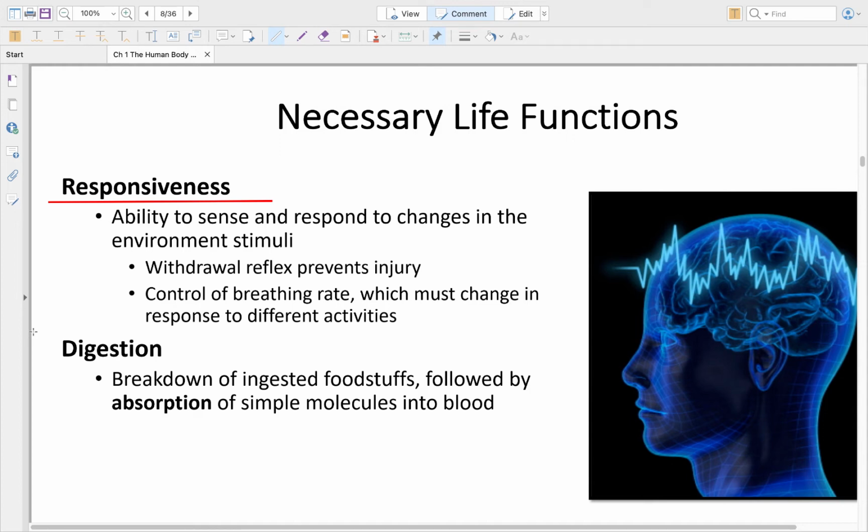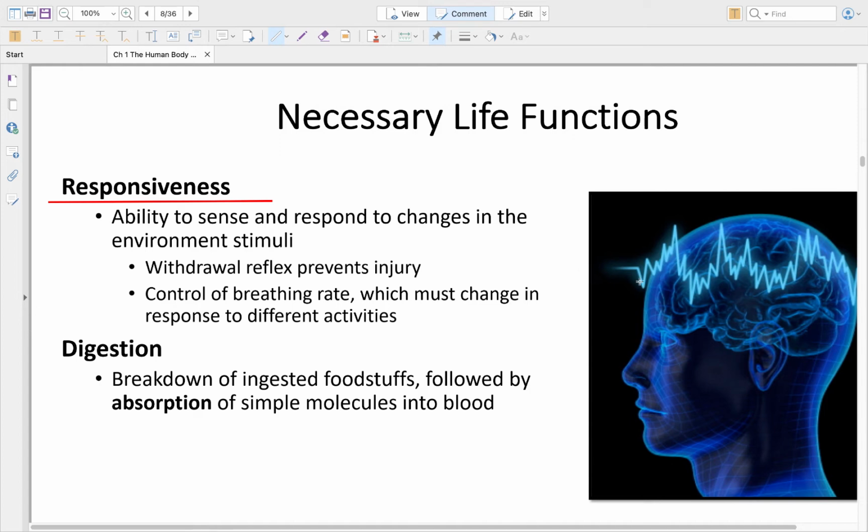Okay, so if you put your hand over a flame or you get near something hot, you're going to immediately have a reflex and pull your hand away. That is responsiveness. Now, inside of the body, there are things that you don't actually have control over because they're autonomic responses, like controlling your breathing rate. Your nervous system has control over that.